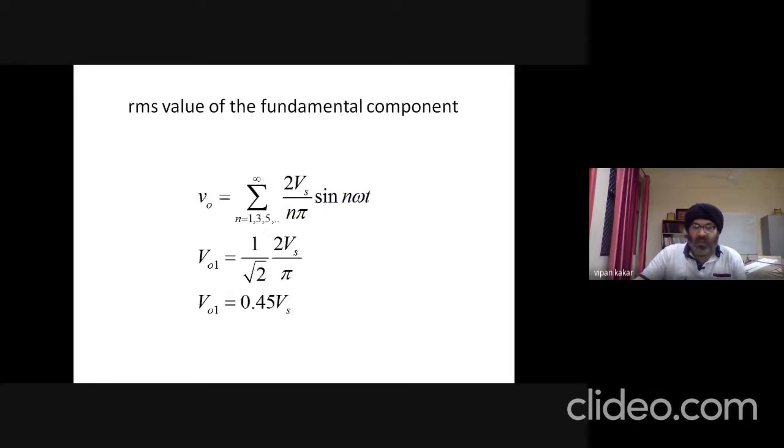So easily we can find out other harmonic components also, the third harmonic or the fifth harmonic and so on, putting n equal to 3, 5 and so on. We can find out the magnitudes of all harmonic components. And the fundamental component is actually what we want at the output.